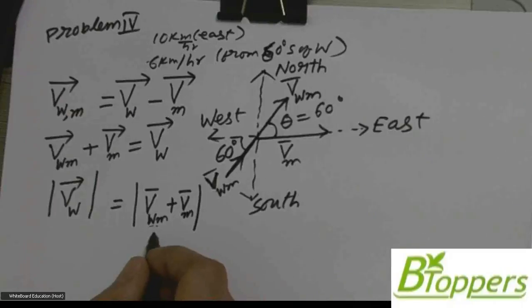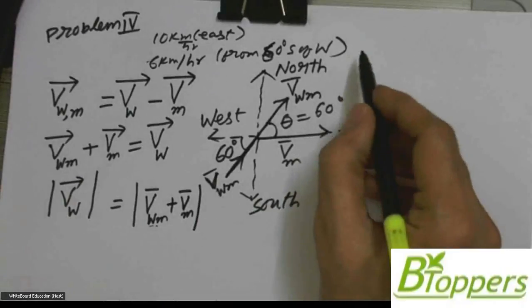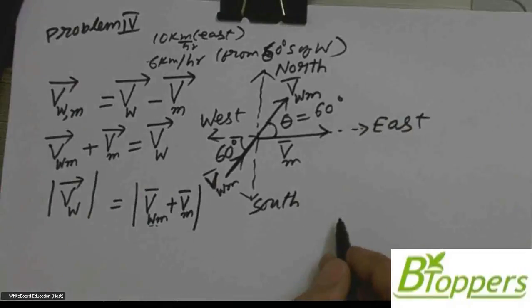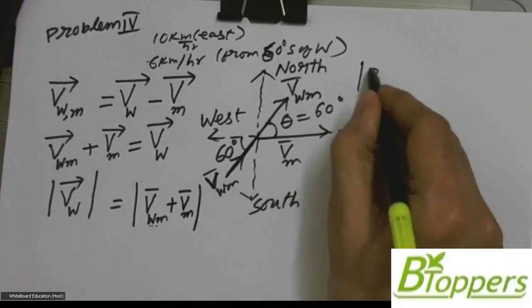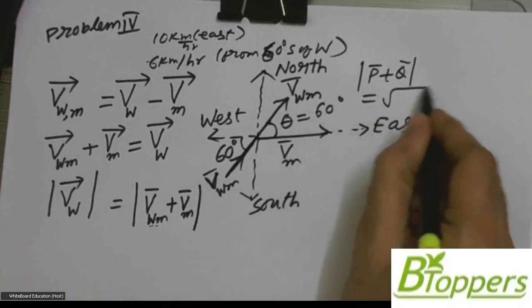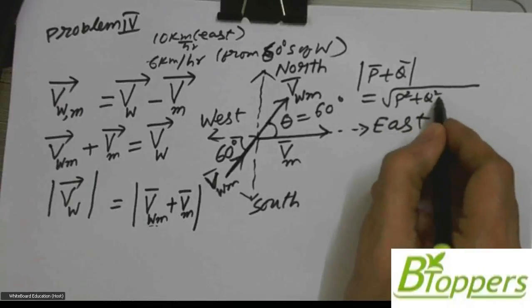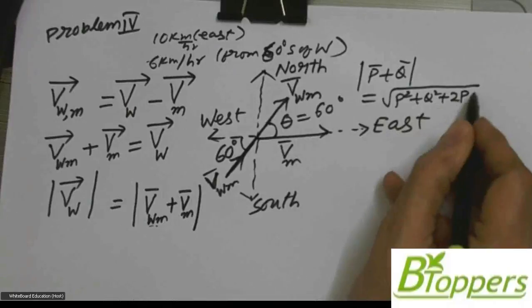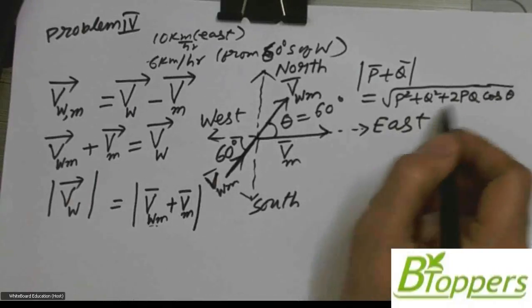So we are going to use the formula for magnitude of the vector sum of two vectors. As I discussed in the past, the magnitude of vector sum of two vectors P bar and Q bar is given by square root of P square plus Q square plus 2PQ cos theta.